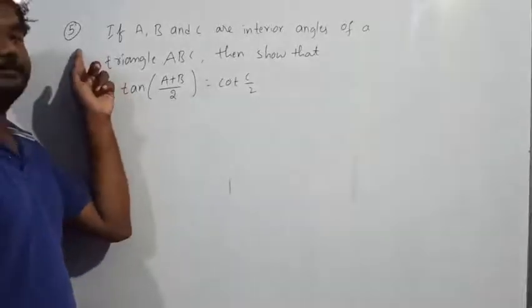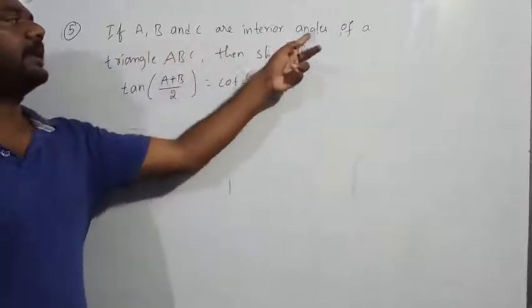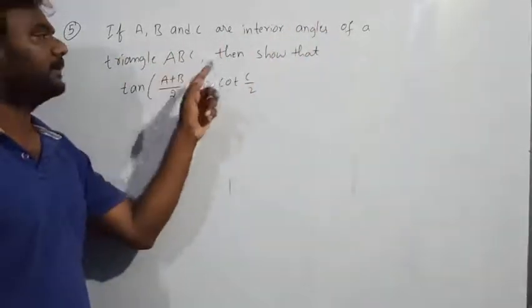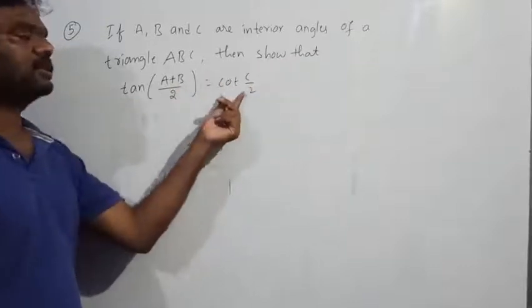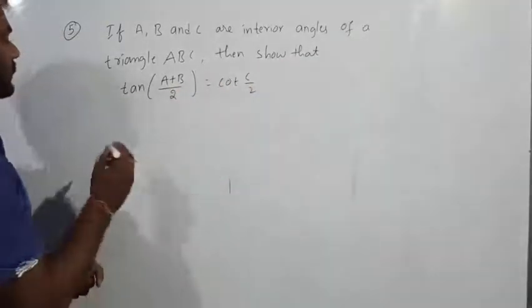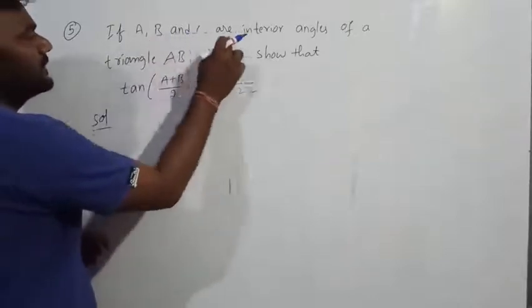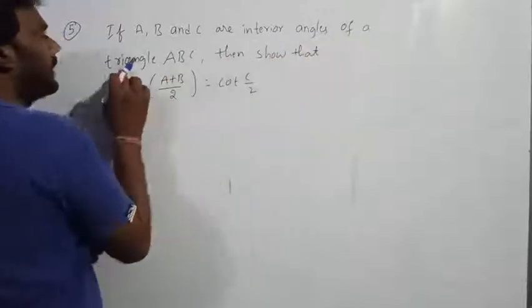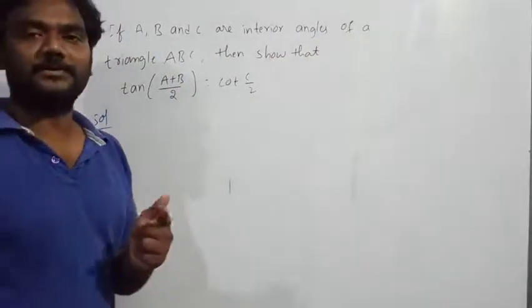Next, the fifth one. If A, B and C are interior angles of a triangle ABC, then show that tan of (A plus B) by 2 equals cot of C by 2. See here, it is given that A, B and C are interior angles of a triangle ABC. The sum of three angles in a triangle is how many degrees? 180 degrees.